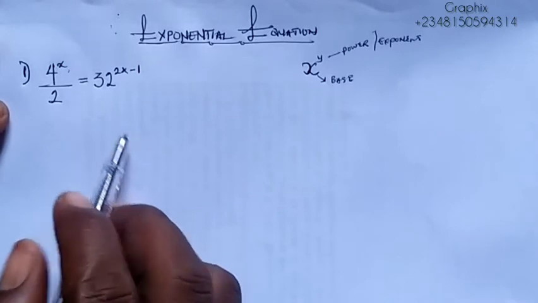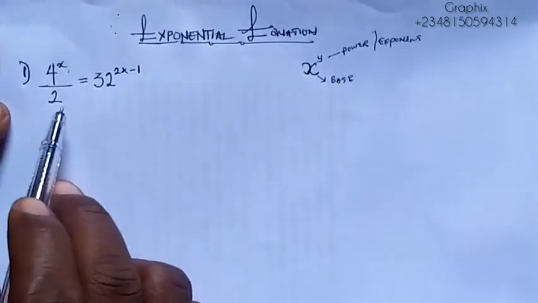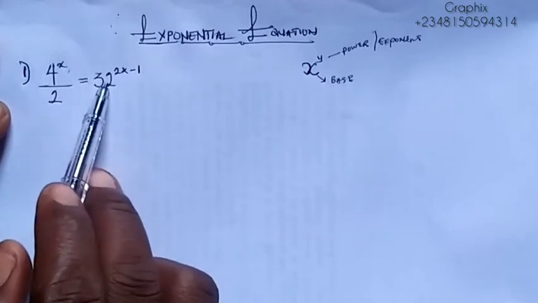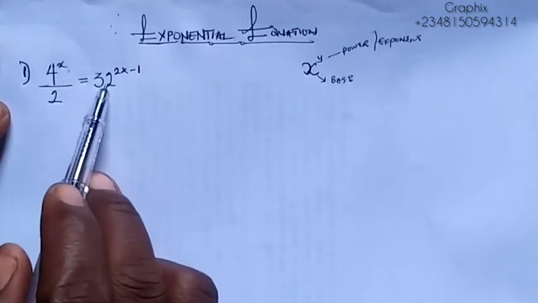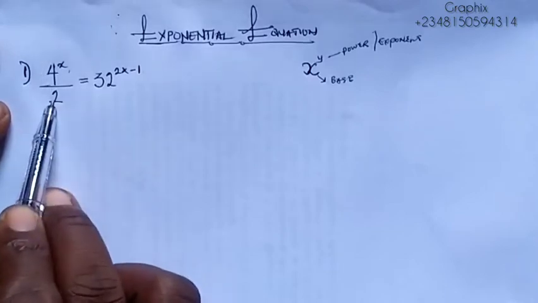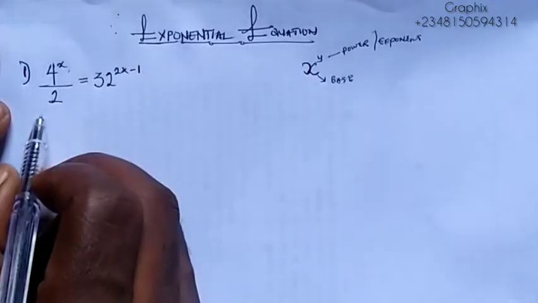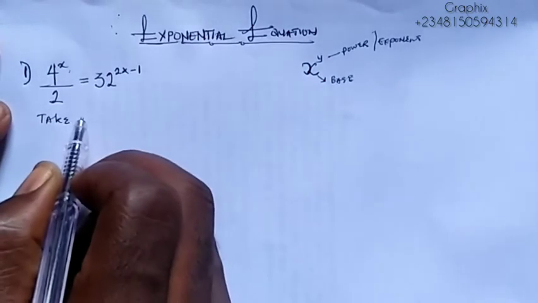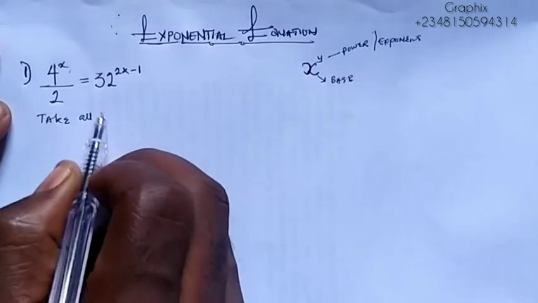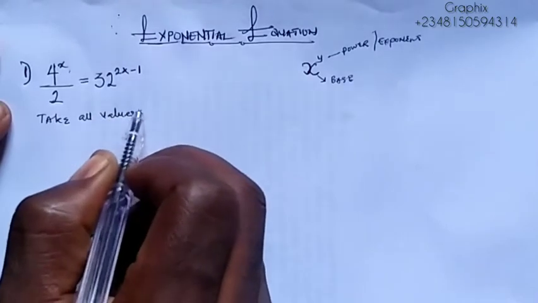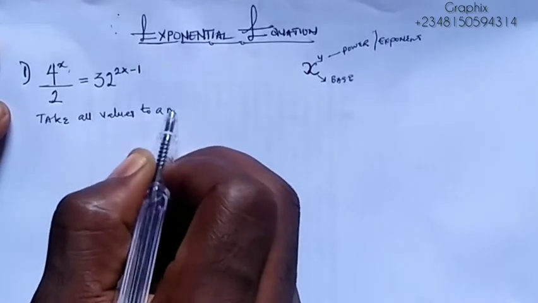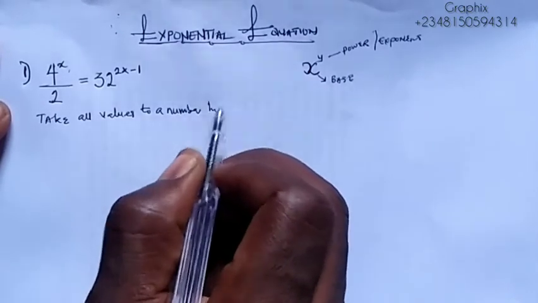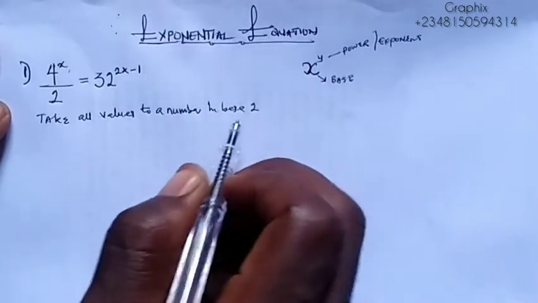Now if you look at this very well, you discover that everything you see here can be divided by 2. I can take all values to a number in base 2 to conform with this 2 here.